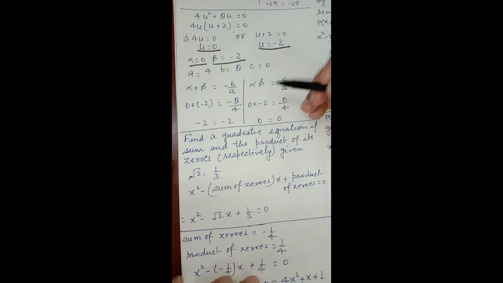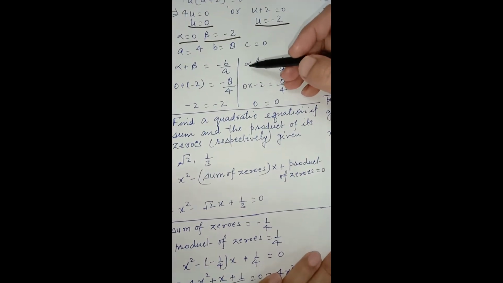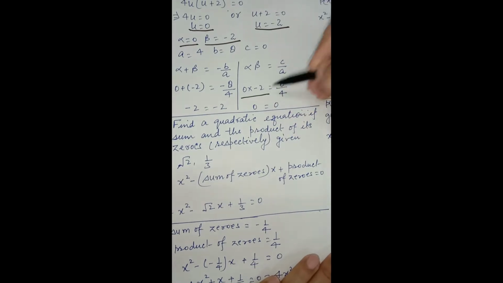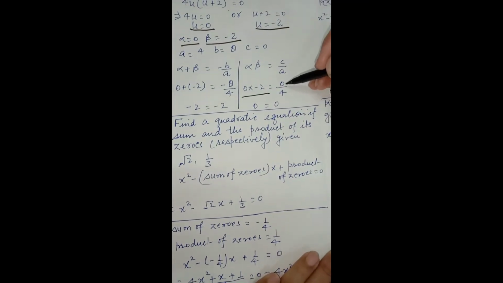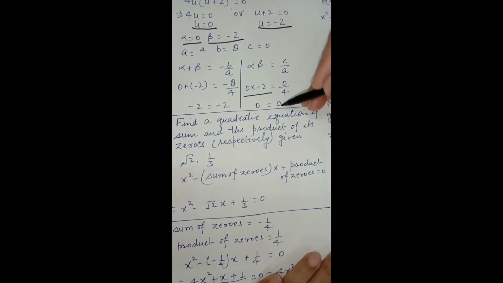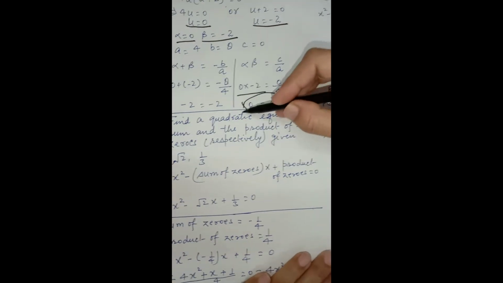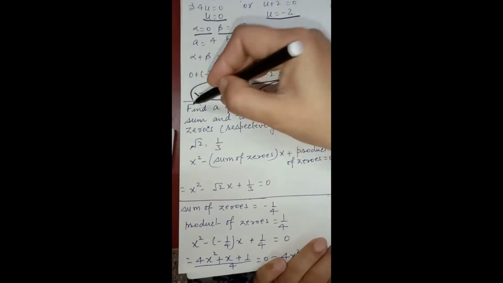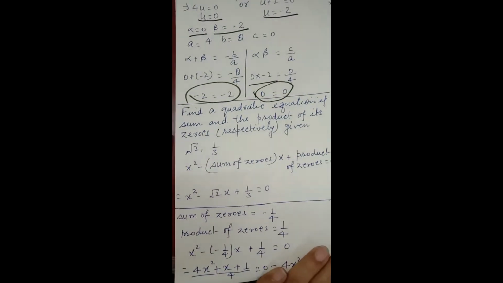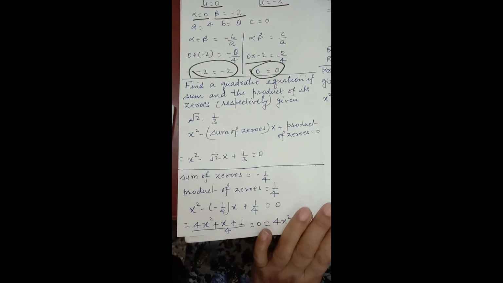Now alpha into beta is c upon a. Alpha is 0 and beta is minus 2. On the right side, c is 0 and a is 4. 0 upon 4 will be 0 and 0 into minus 2 will also make 0. So again this relationship is verified. In this way you will verify the relationship between zeros and the coefficients.